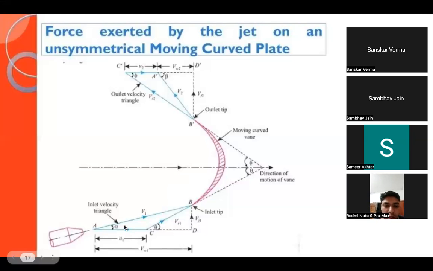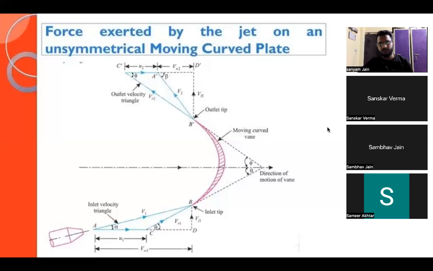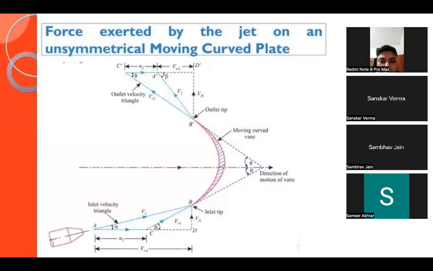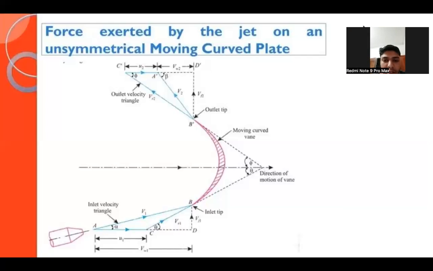As given in the diagram, v1 is the actual velocity of the jet, u1 is the velocity of the blade, vr1 is the relative velocity of the jet with respect to the blade, vf1 is the vertical component of vr1, and vw1 is the horizontal component of vr1.